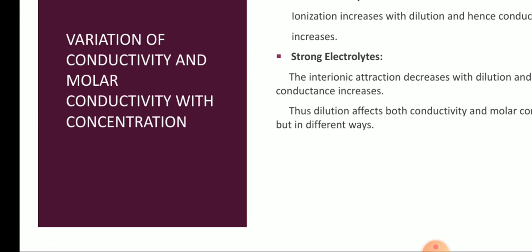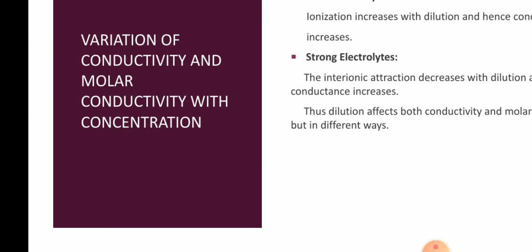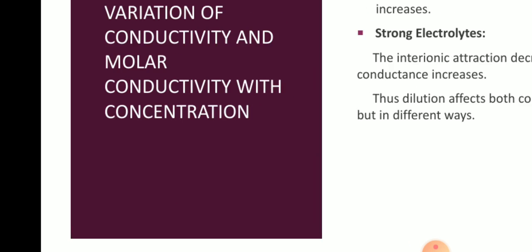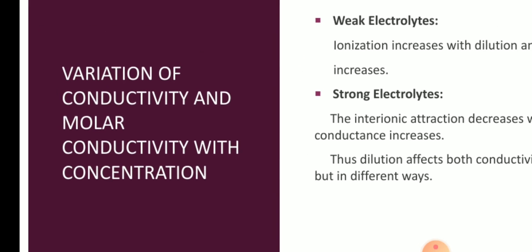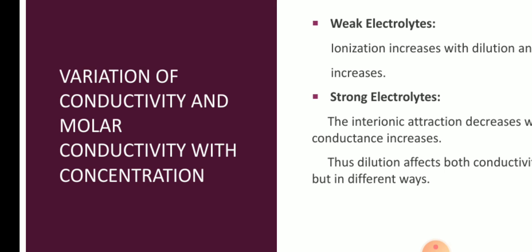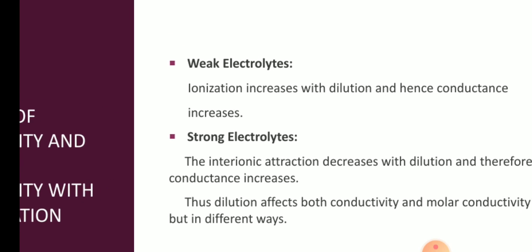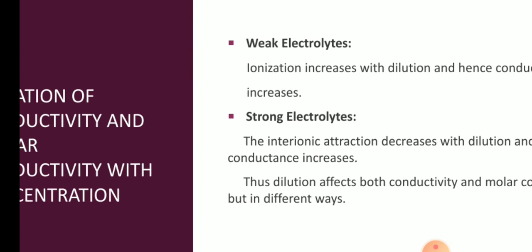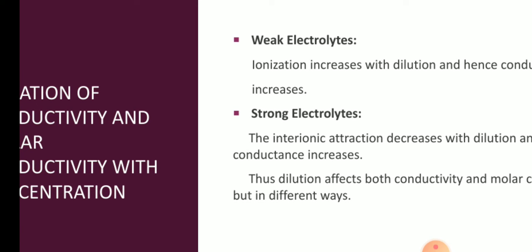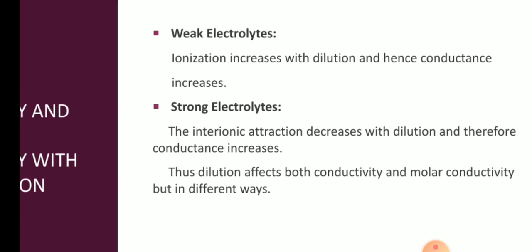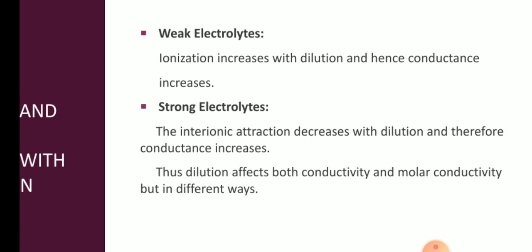Now, first of all, the variation of conductivity and molar conductivity with concentration. In case of weak electrolytes, ionization increases with dilution, and hence conductance increases. For strong electrolytes, the interionic attraction decreases with dilution, and therefore conductance increases.